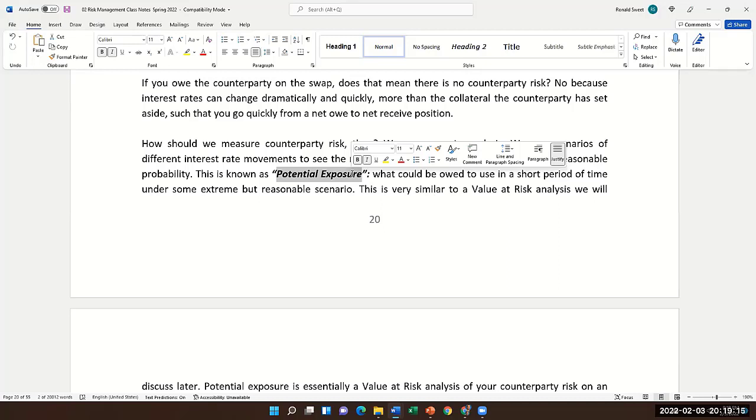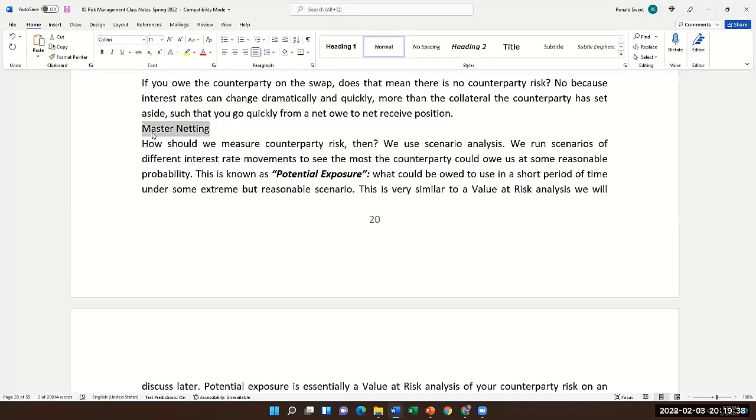Try searching on the term potential exposure in your bank's annual report, and also try finding the words master netting. See if you can find those two terms, just to give you a little more exposure to what we're talking about here.